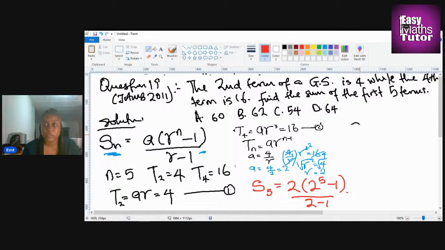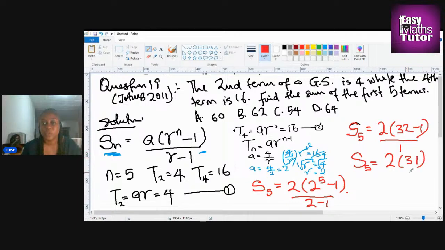So S5 equal to 2 times 32 minus 1 all over 1, which is 2 times 31, which is 62. The sum of the first 5 terms. So that is what we have in option B.